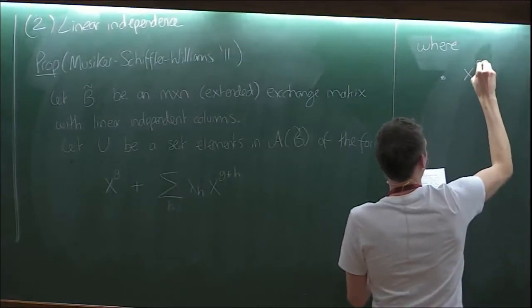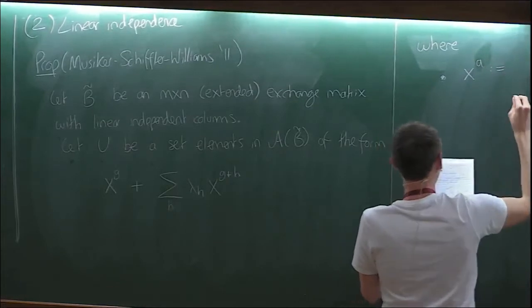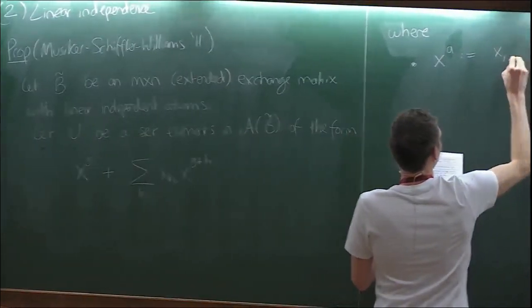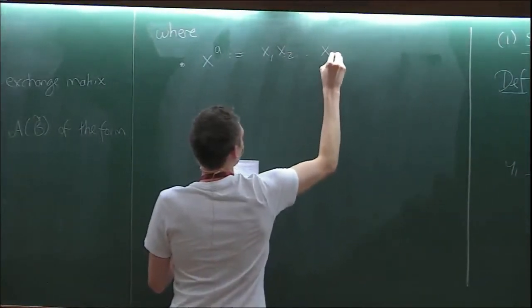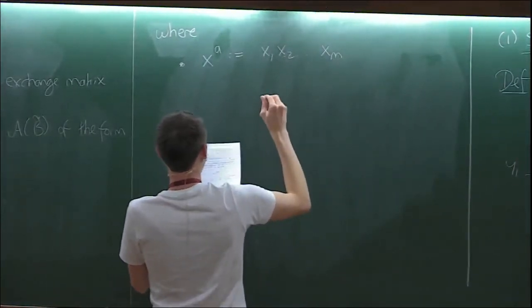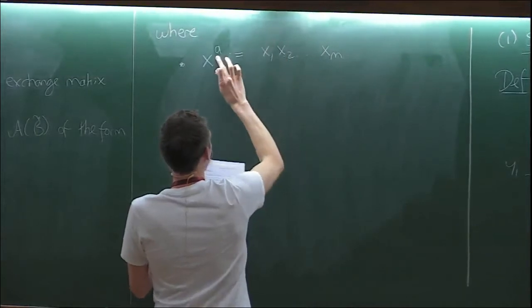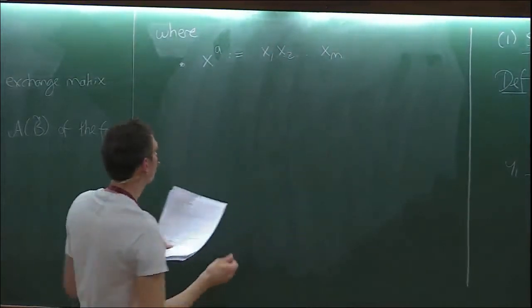So let's say x^a is defined to be x1^a1 times x2^a2 up to xm^am. So it's the extended cluster, and a is some m-tuple.